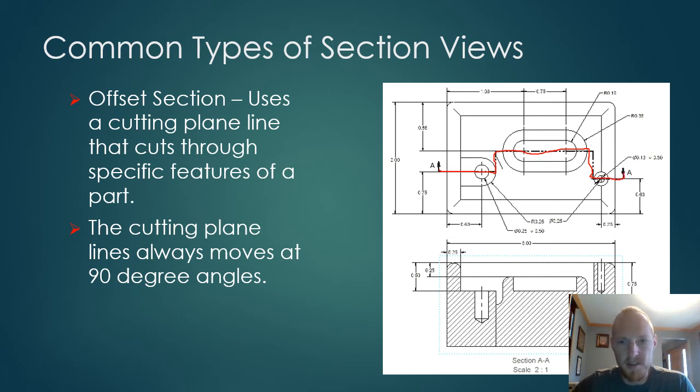So you'll notice that in an offset section, the designer can pick where that section is cut so that you can show those interior details. You can see that allows us to show the details of these holes and the detail of the slot for this part. One important part about an offset section is that these lines, the cutting plane lines, need to be at 90-degree angles to each other.